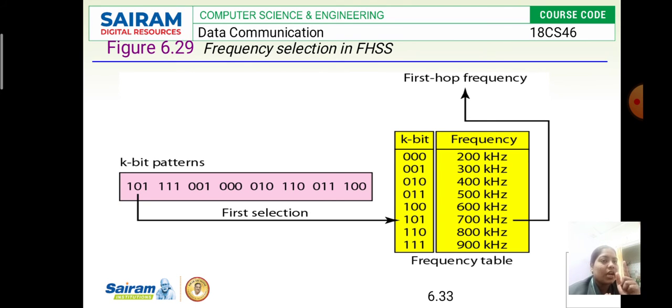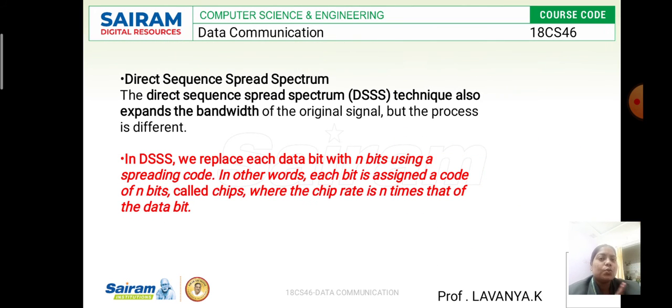If it matches, the first hop, that is the first carrier frequency signal, is generated. Suppose 111 matches a frequency of 900 kilohertz, then that frequency is generated at a time. So this is what FHSS is.